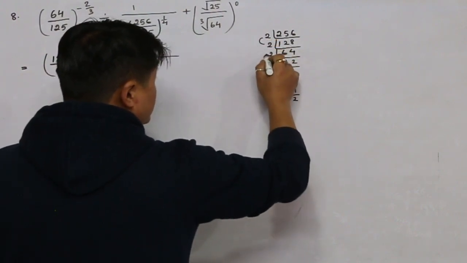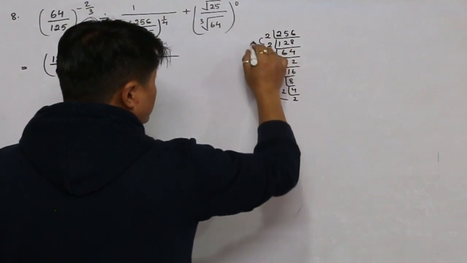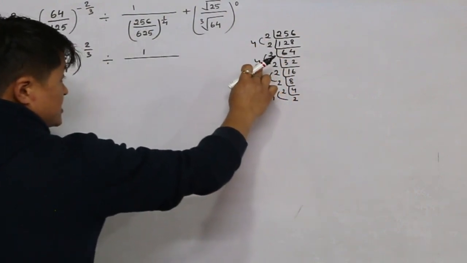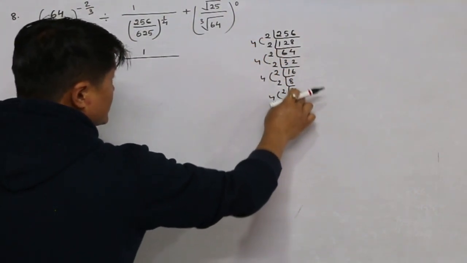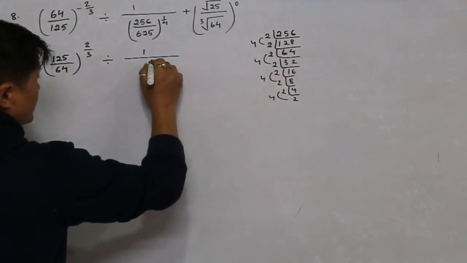Now if you notice, 4, 4, 4, 4, 4 fours are 16, so that means 4 to the power 4 is your 256. This can be written as 4 to the power 4.